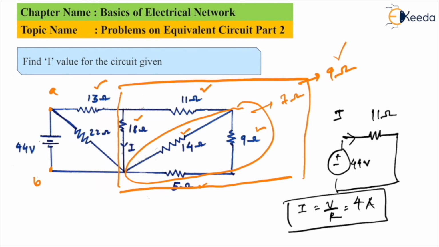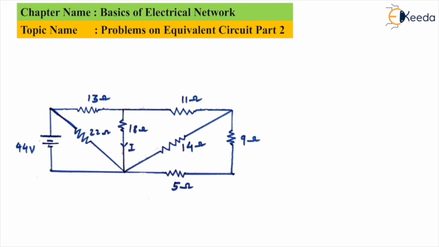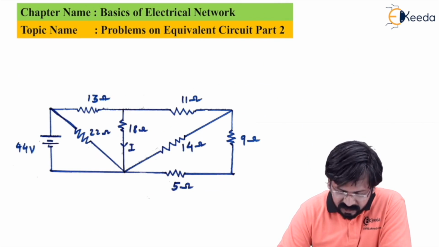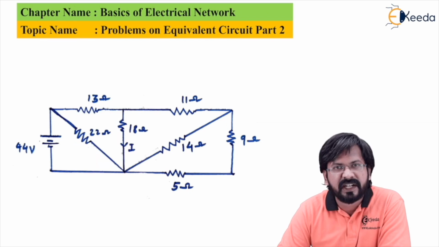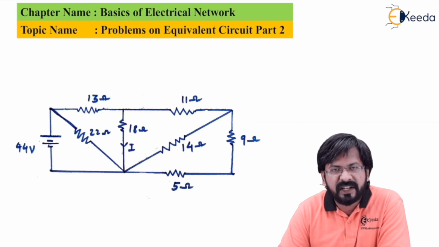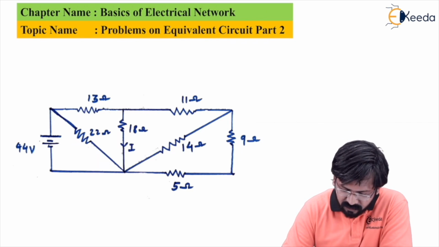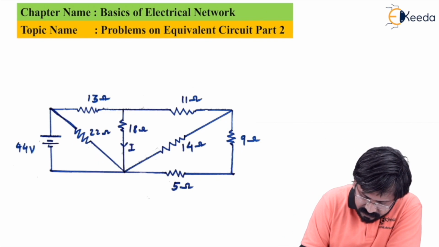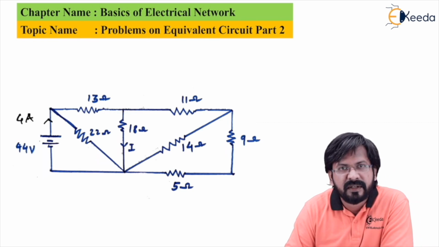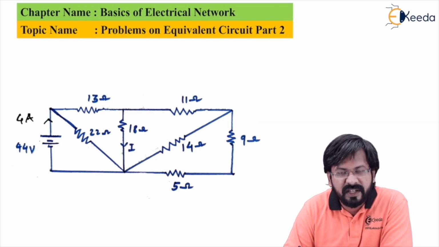Now we will see how to deal with this problem and how to get the value of the current which is asked. As we have seen, the equivalent resistance of the whole circuit was 11 ohms, and therefore I got the battery current equal to 4 ampere. Now try to understand the case again.